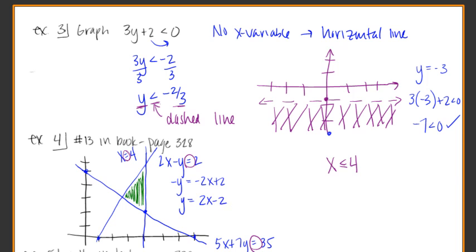Okay? Now, if that is this line coming down right here, in order to get to that green area, what I want to do is figure out what I should change that inequality sign to. Should I go less than that? Should I go greater than that? Well, this green area is below it, in y values that are smaller.